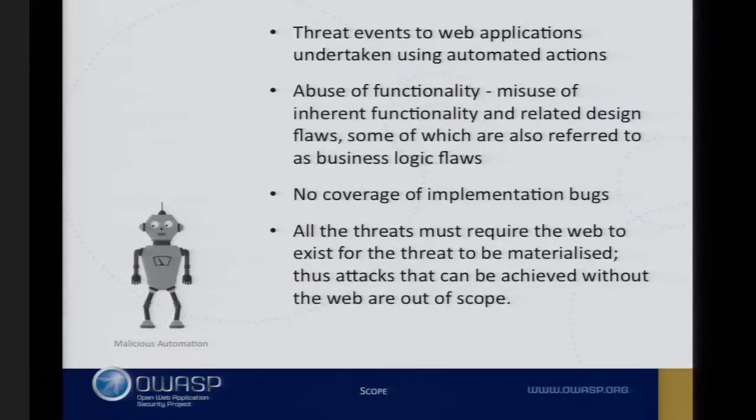For example, currently in the press, all this VW engine software, which really is an attack against regulators, wouldn't be in scope either. Obviously, it's not a web application, but it's out of scope. It's an interesting area to explore, perhaps in another version.